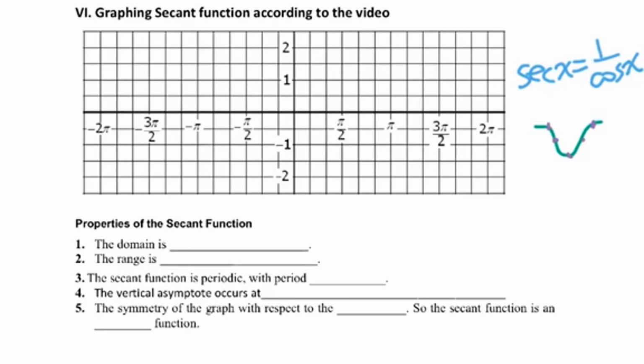From the origin, here's 1, here's 2, here's 3, 4, and then here's 5. So we connect these 5 points like this.